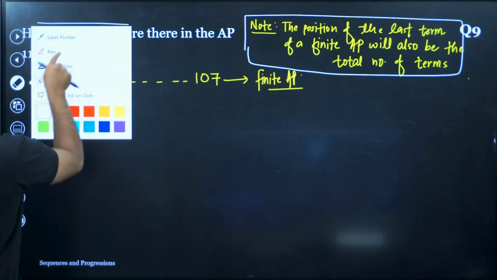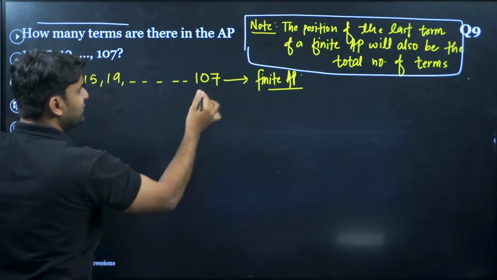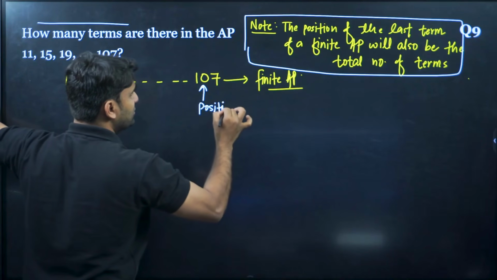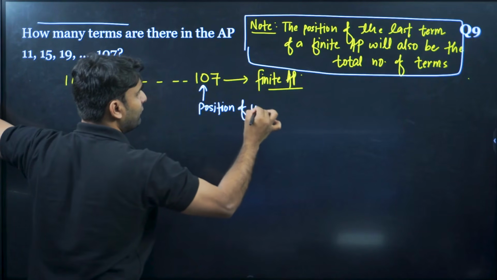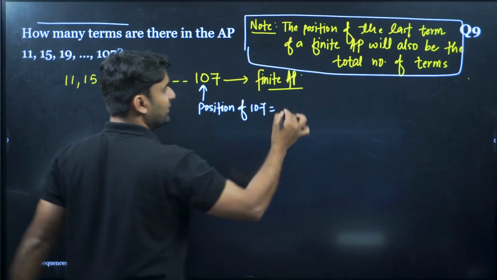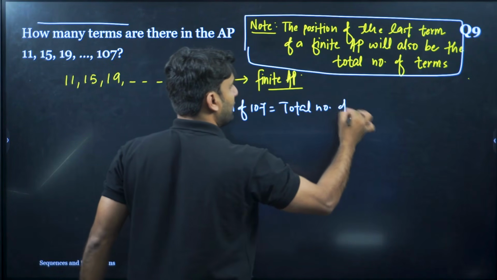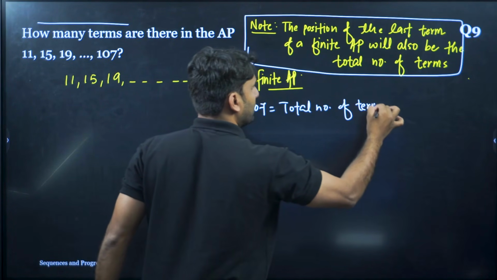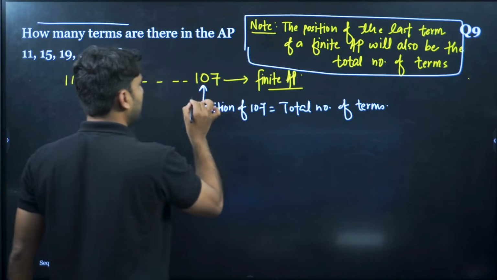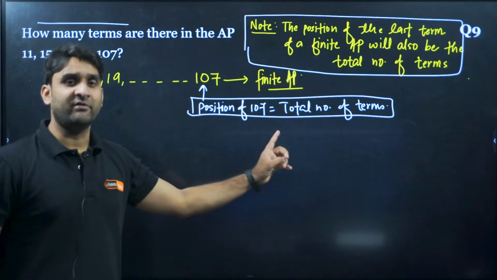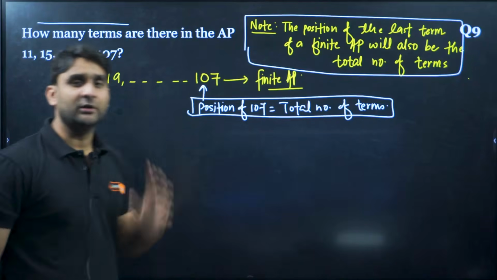Okay. So I don't know the position of 107. What we have to do here? Position of 107 will be equal to total number of terms. Please write it down in your notebook. Position of 107 is equal to total number of terms.